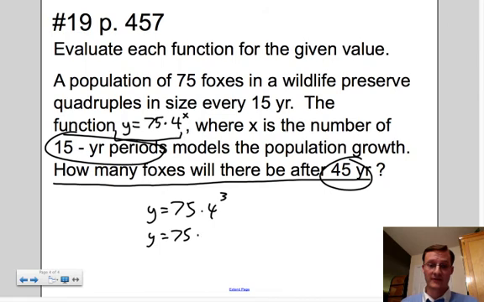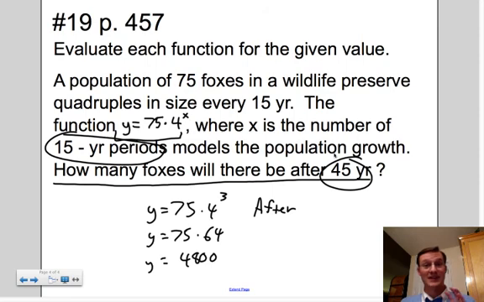Well, y equals 75 times 4 to the third. 4 times 4 is 16, times 4 is 64. And we're going to multiply this through. y equals 4,800. So how many foxes will there be after 45 years? Of course, anytime they ask in words, it's best to answer in words.